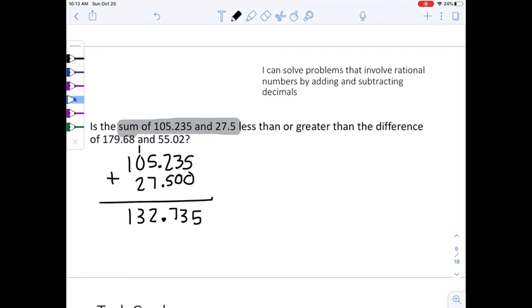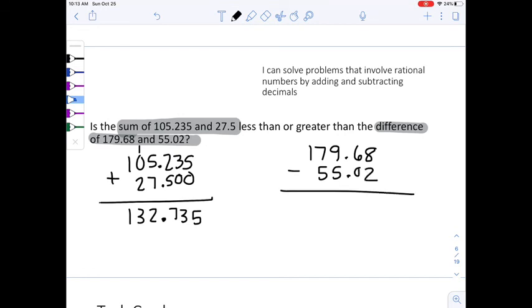And then the problem is asking, is that less than or greater than the difference of 179 and 68 hundredths and 55 and 2 hundredths? So the difference of these two numbers means I have to subtract. So I'm going to take 179 and 68 hundredths minus 55 and 2 hundredths, making sure I'm lining up the decimal.